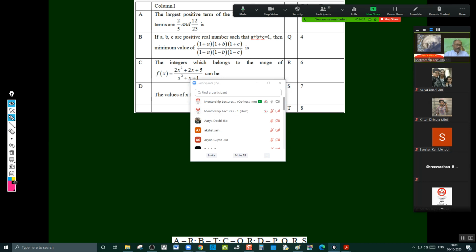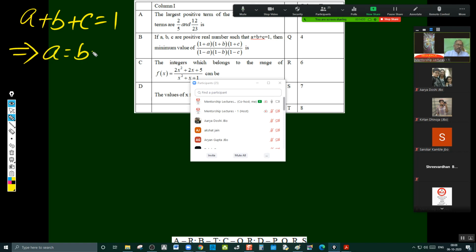See, whenever the variables, here the variables are A, B, C, and the relation between these three variables is given to be 1, you can make use of this property which we can derive or understand from the concept of maxima and minima. Minimum or maximum occurs only when they are equal.